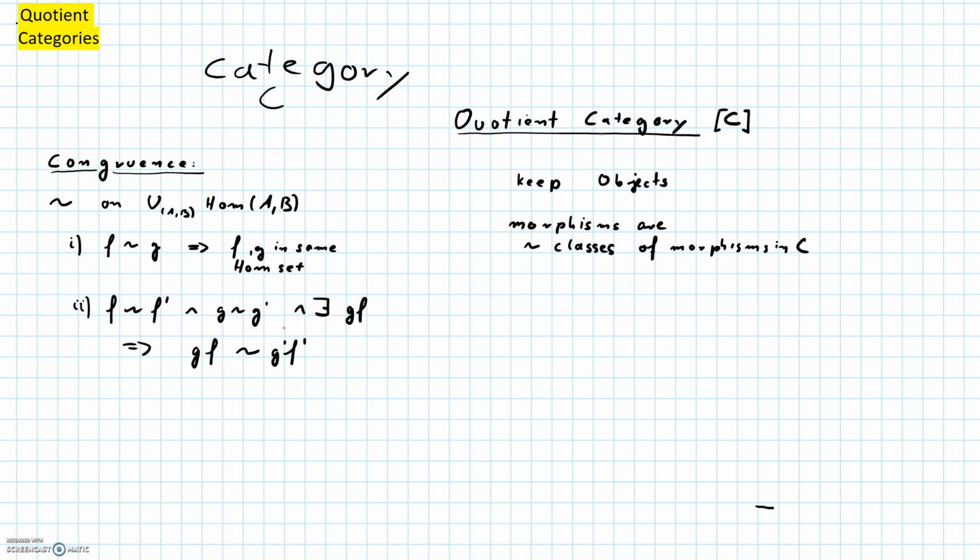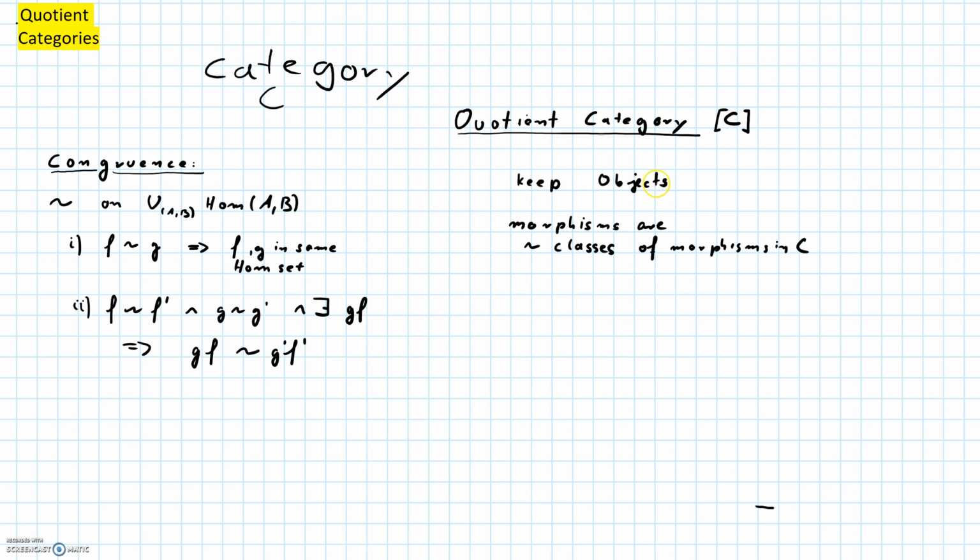And now using this congruence we have by assumption in our category C, we can establish a new category, and this new category is the quotient category, which I call C bracket, but this is not standard notation. You may, of course, use your own. So what are the objects in C bracket?